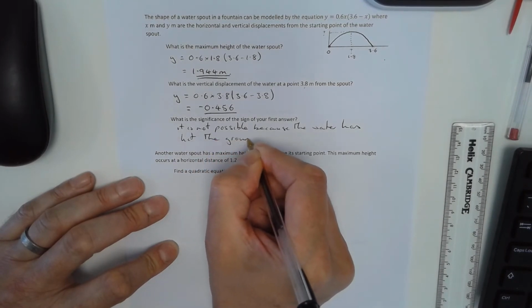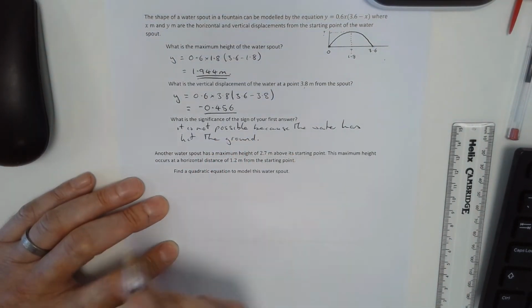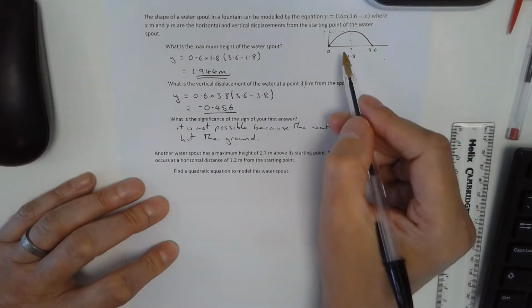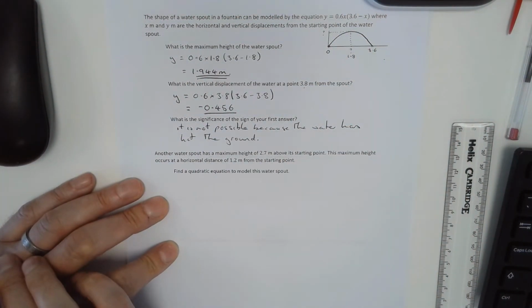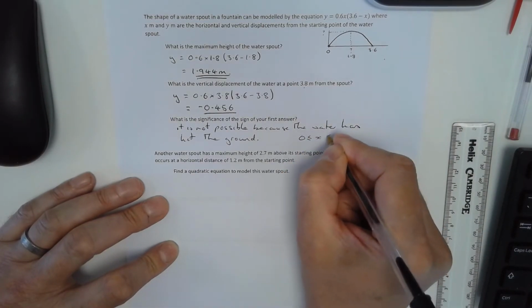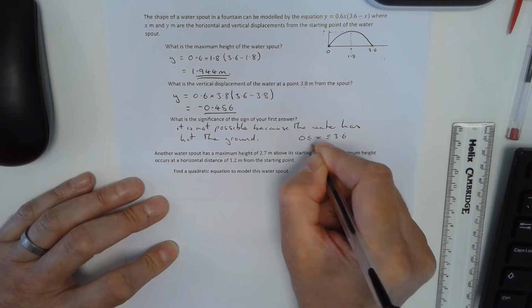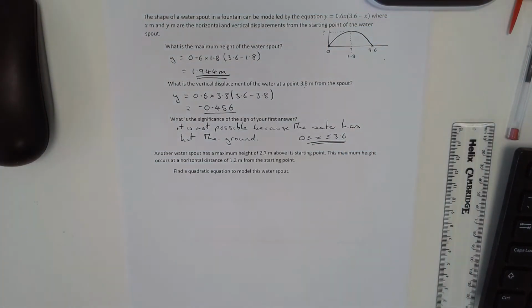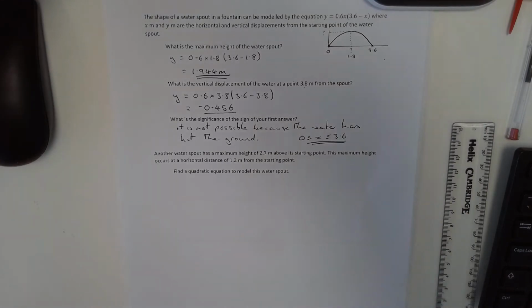So what we're saying here is that this model would only be appropriate between 0 and 3.6 for values of x. So x really needs to be between those values, otherwise it just doesn't work. Okay, so let's carry on.